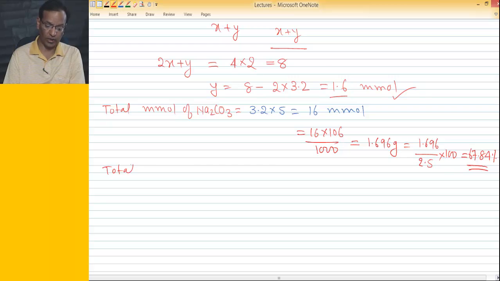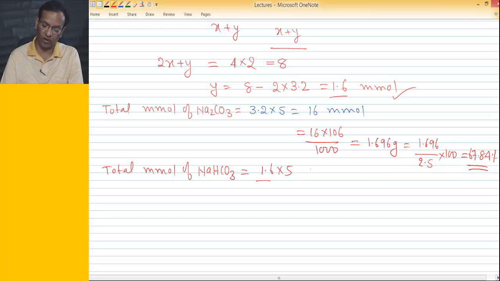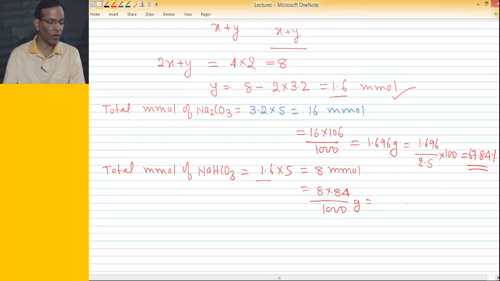Similarly, total millimole of NaHCO3 will be 1.6 into 5, 1.6 in 10 ml, so into 5 in 50 ml. So it is 8 millimole. So it is 8 into 84 upon 1000 grams. So it will be 0.672 gram.